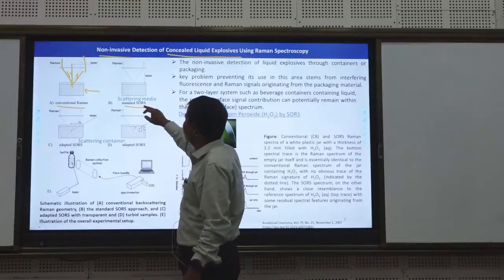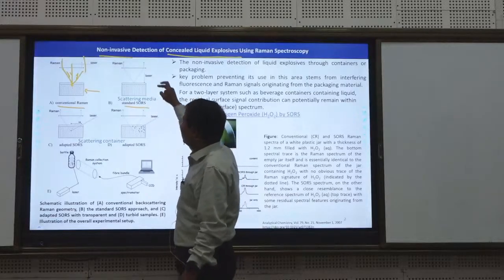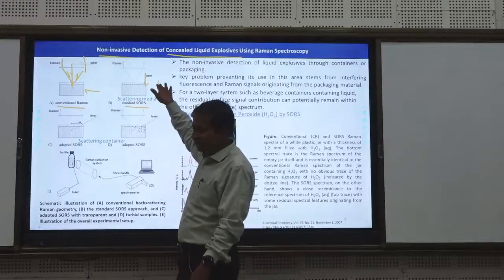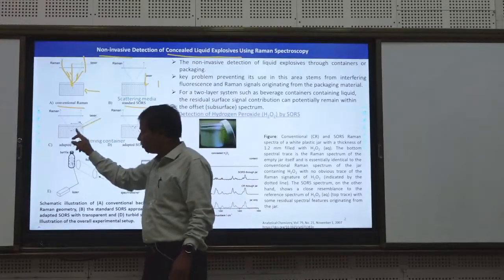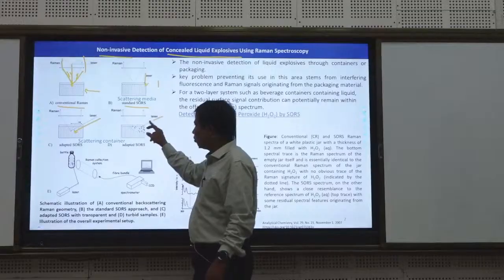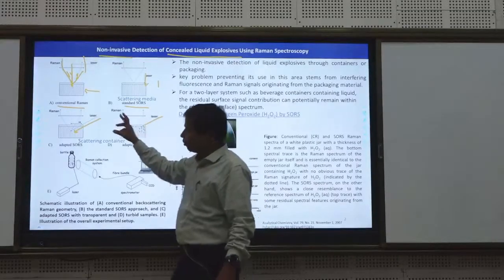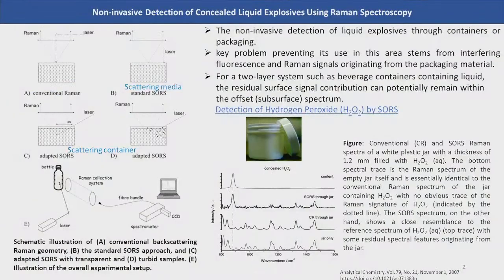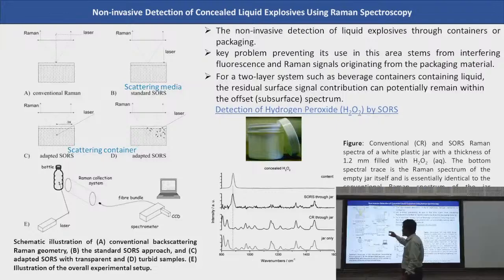In this technique, they excite in another place. They excite from the side, or from this corner, or from that corner. So you can excite from any side, take the spectrum from one particular direction, and then find out the Raman spectra of that species.